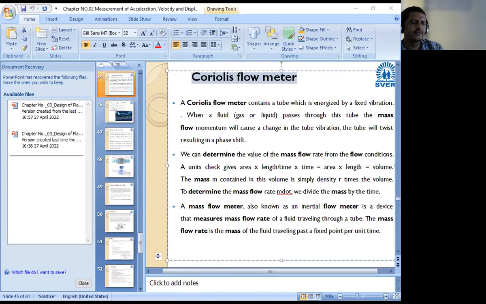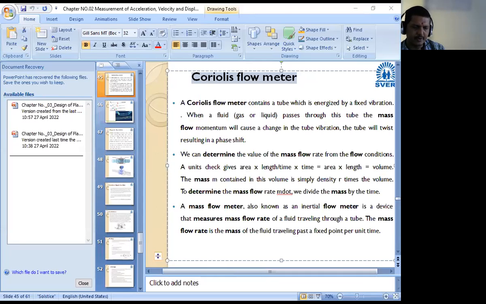When a fluid, in bracket, gas or liquid, passes through this tube, the mass flow momentum will cause a change in the tube vibration.